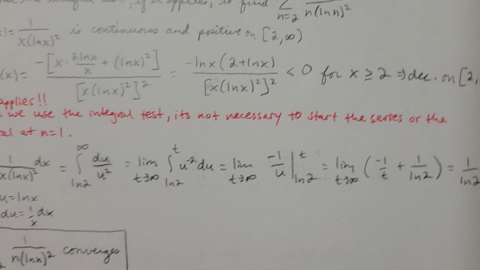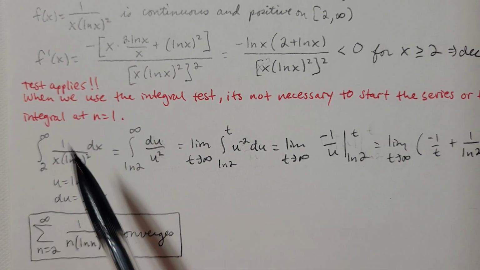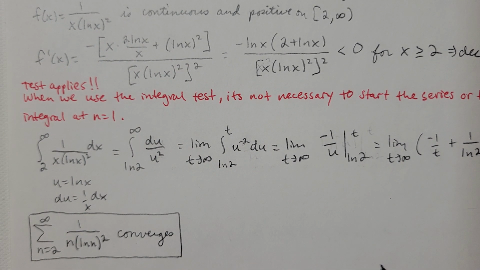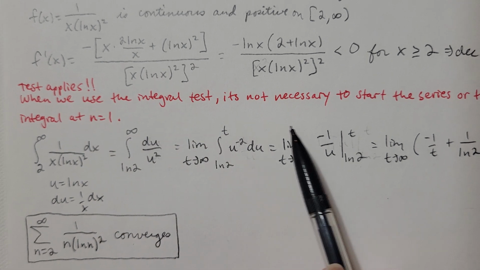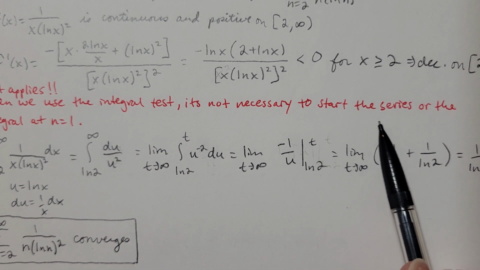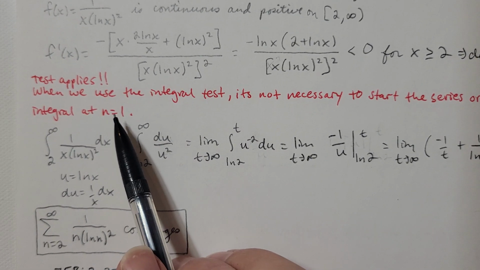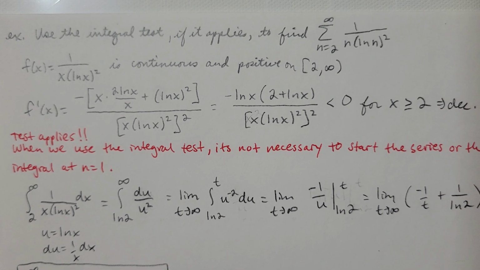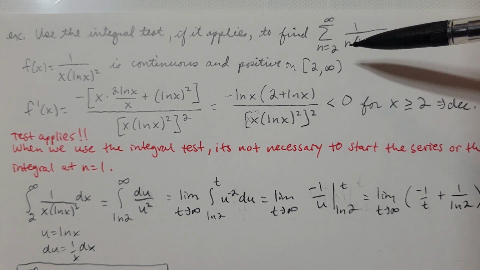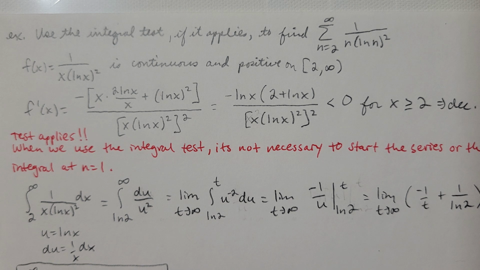Okay, so in other words, we can use the integral test. The test applies. Now, again, when we use the integral test, it's not necessary to start the series or the integral at n equals 1. For a lot of these problems, you're going to be starting the series at 1. It doesn't have to be that way, though.